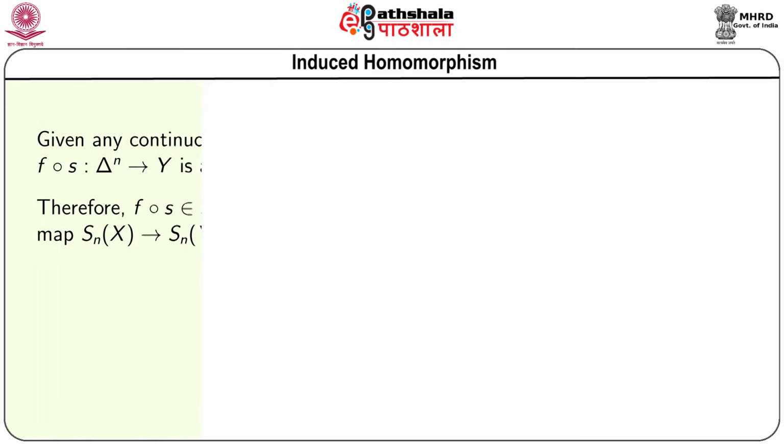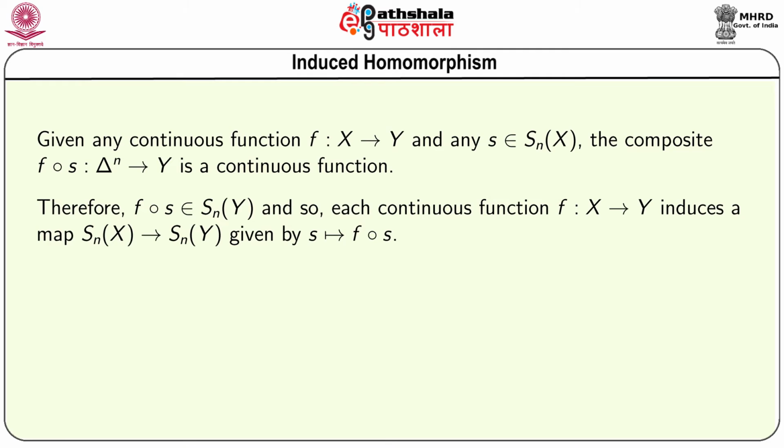As pointed out in the introduction, we wish to define some homomorphisms between homology groups to be induced from continuous functions between topological spaces. For that purpose, we wish to construct certain functions between the chain complexes C_n(X) and C_n(Y) when a function f is given between two topological spaces X and Y. Given any continuous function f from X to Y and any s belonging to S_n(X), we consider the composite f composed with s, which is once again a continuous function.